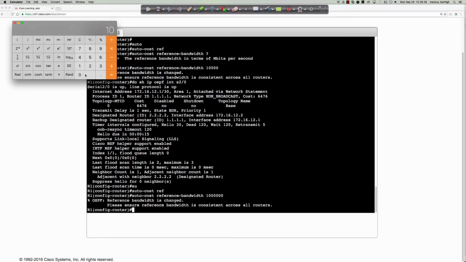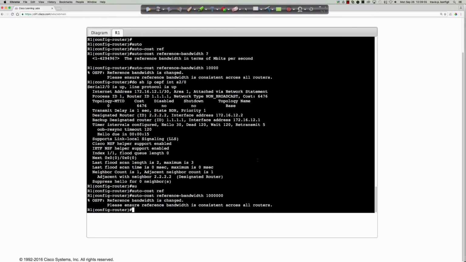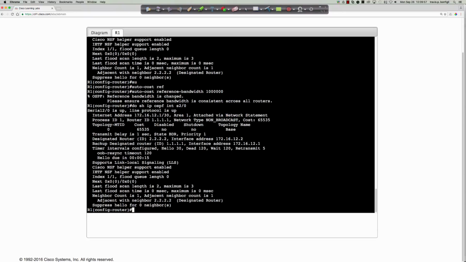So we're going to say there's 100 meg, a gig, 10 gig, 100 gig, a terabit a second divided by 1.544. And take a look at that number. Now, is that number beyond 65,535? It certainly is.